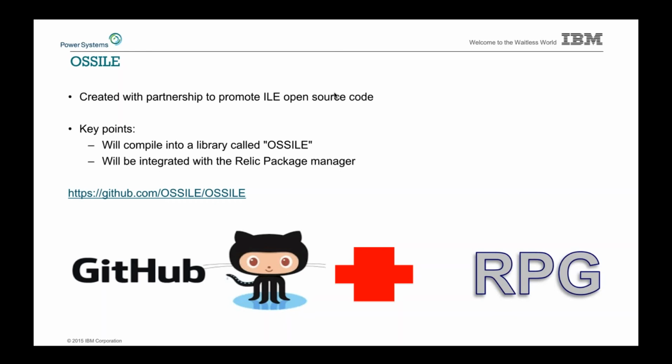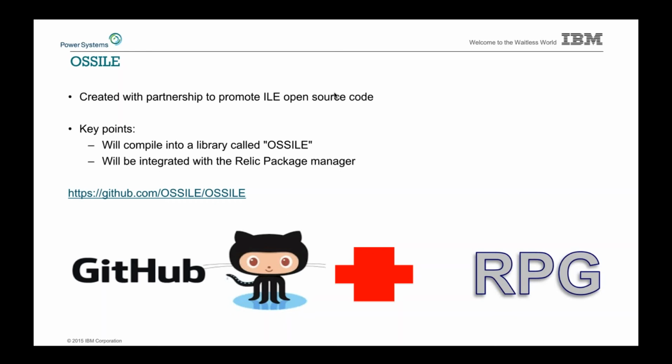And so thanks to Liam, he's helping out with this significantly as well. We have this new GitHub repository, OSSILE, where we'll be leveraging the Relic package manager to help coordinate and easily compile and move RPG open source down to your IBM i that you can start to leverage.